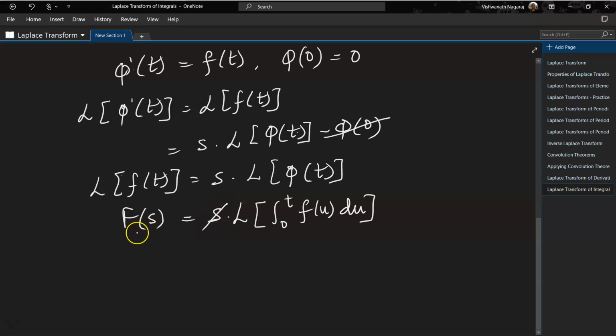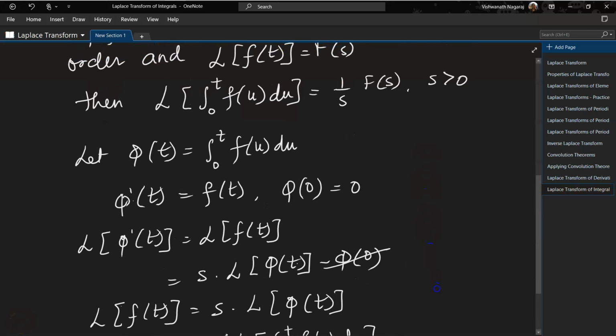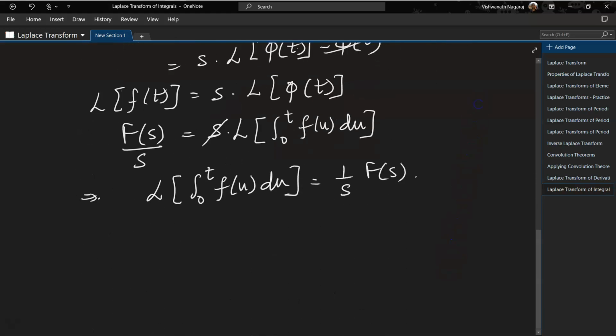Now let's bring this s to this side and just rearrange it to say that the Laplace transform of the integral 0 to t of f of u du is equal to 1 by s capital F of s, which is what we had to prove. Laplace transform of integral 0 to t of f of u du is equal to 1 by s F of s.